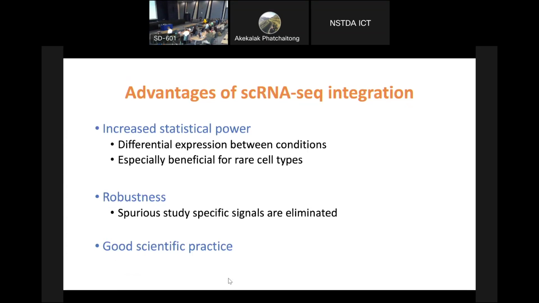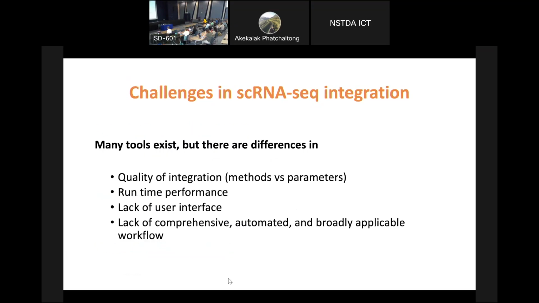By this, I mean those that don't overlap, you can remove them, so you get rid of those that may be poor signals or noise. And it seems to be a good scientific practice. This is highly encouraged, especially given that it's too costly and there's not much we can do in terms of growing that data directly through these experiments. So we take advantage of what's available.